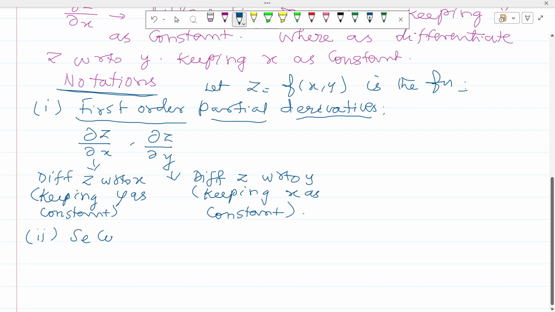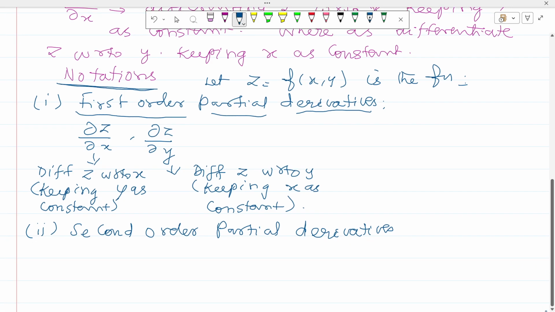Second order partial derivatives are: dou square z by dou x square.